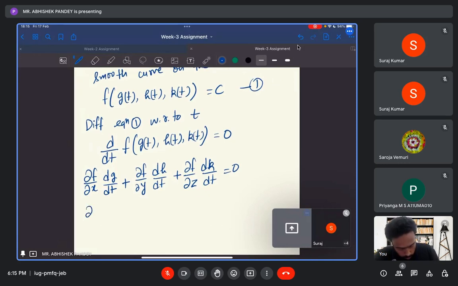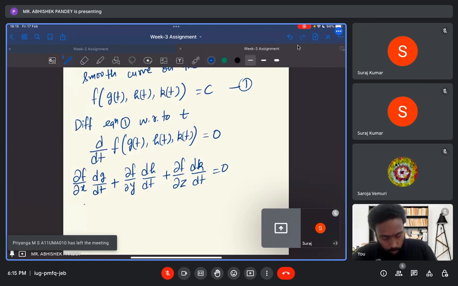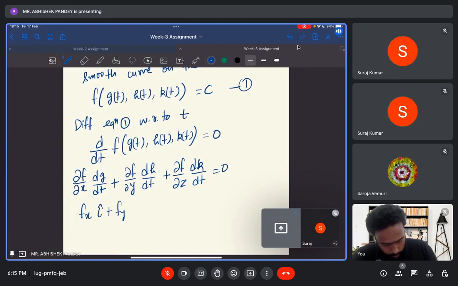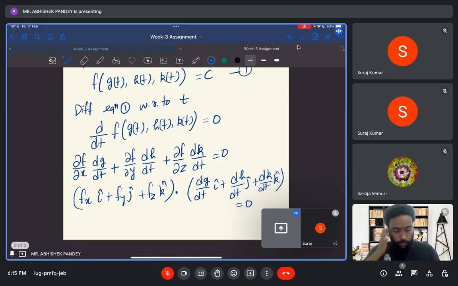Let me write it in a shorter form. This is fx i cap plus fy j cap plus fz k cap, dot product with dg by dt i cap plus dh by dt j cap plus dk by dt k cap, and this is 0.